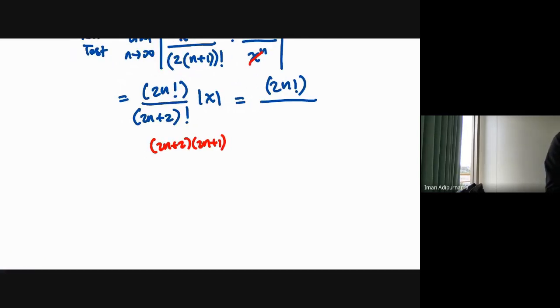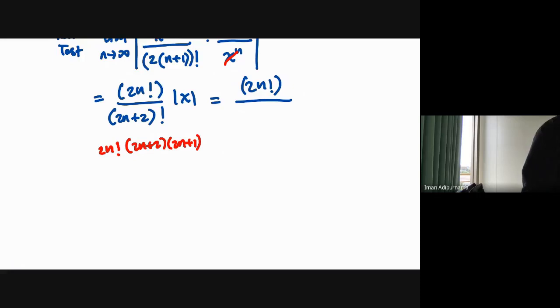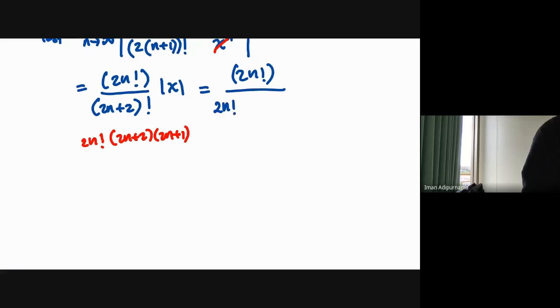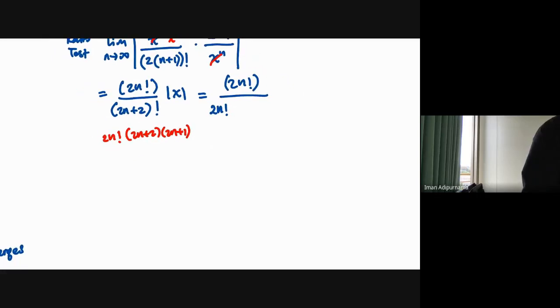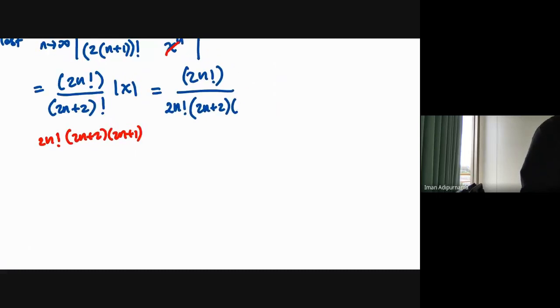The factorial. We can cancel this, and we get the result.